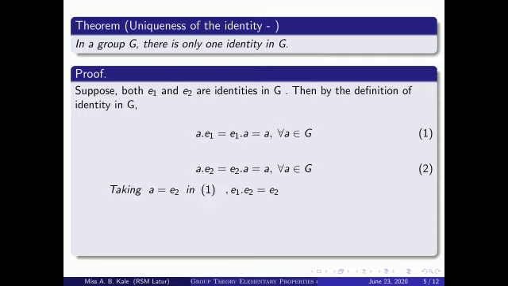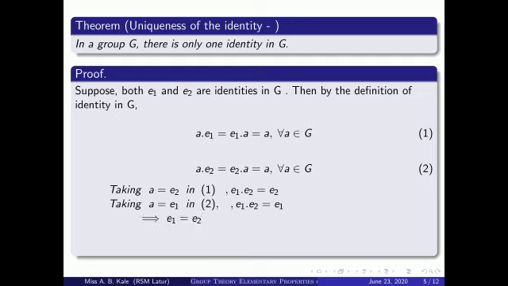Taking A equal to E2 in 1, we get E1 into E2 is equal to E2. Now taking A equal to E1 in 2, we get E1 into E2 is equal to E1.